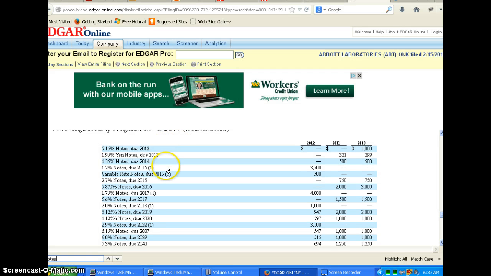Look for something maturing in 2019. Yeah, here it is right here. We just found it on the balance sheet. All right. So that particular bond issue is outstanding. 5.125, 2019.